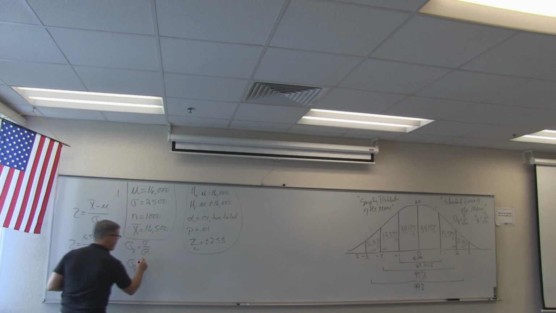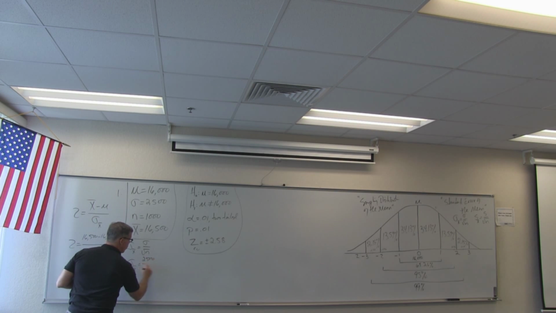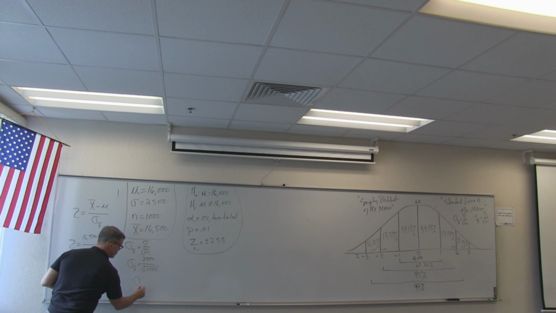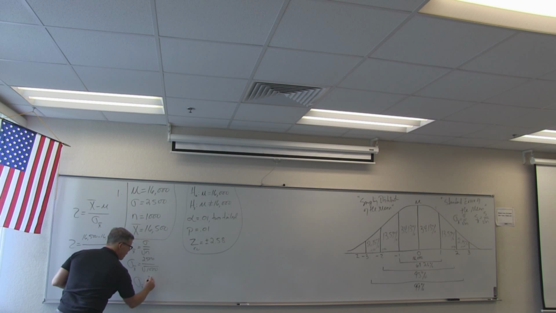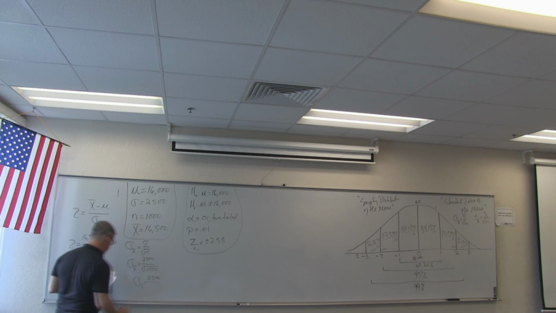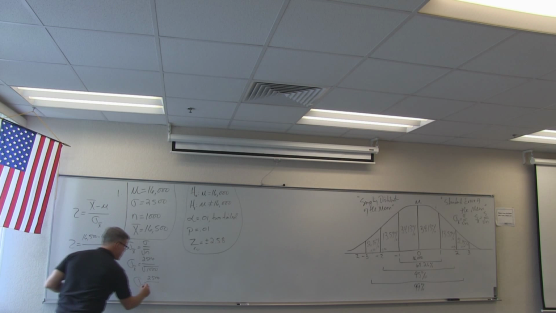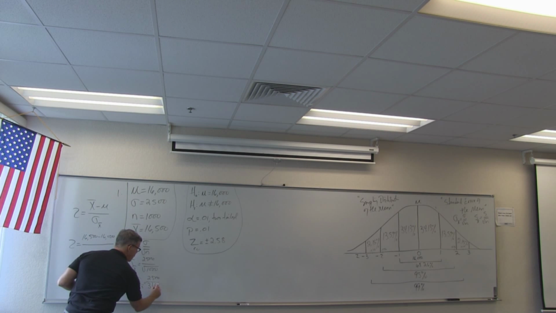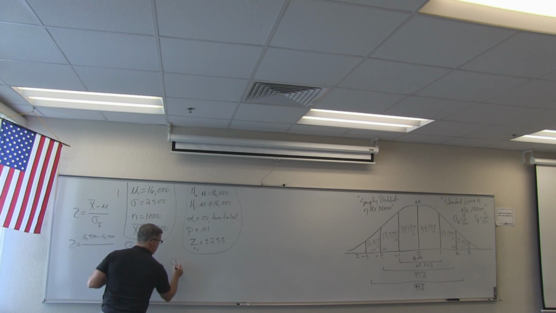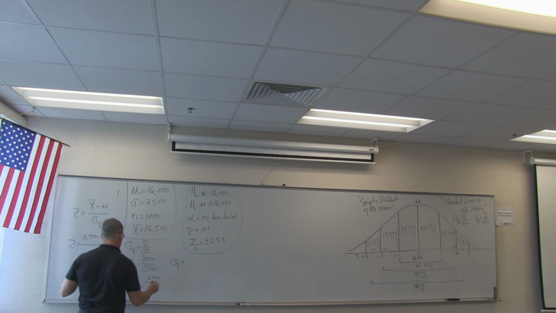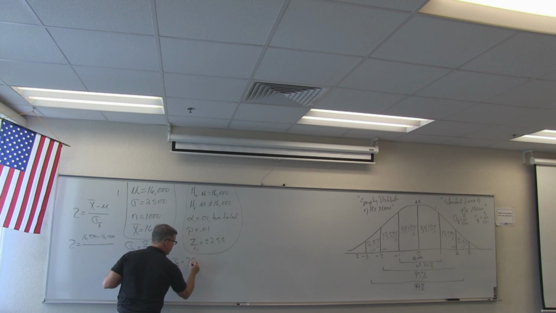Sigma, 2,500, over the square root of our sample size, 1,000. That's 2,500 over the square root of 1,000, which is 31.62. The standard error of the mean, in this case, is 79.06 hours.